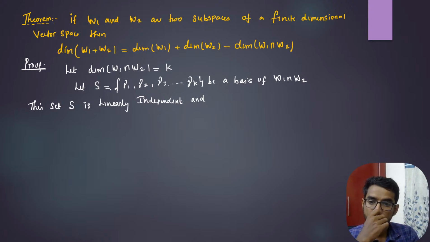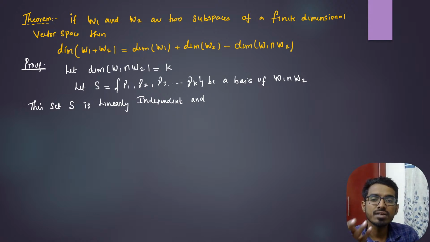So these vectors belong to W1 as well as to W2, but need not be a basis, right? Surely these vectors are linearly independent, and they are a basis for W1 intersection W2. That means these vectors will be in W1 as well as in W2, because they belong to the intersection of both.